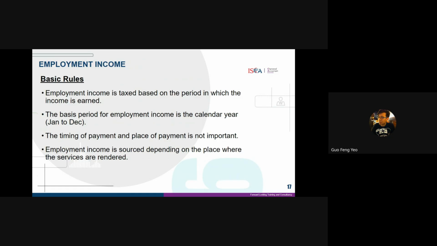Employment income is sourced depending on the place where the services are rendered. My interpretation of this would be to look at the country where the employment is exercised. For example, if a Singaporean or a foreigner is exercising an employment in Singapore, generally we will say that the employment income is sourced in Singapore.